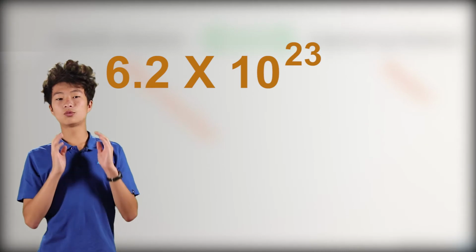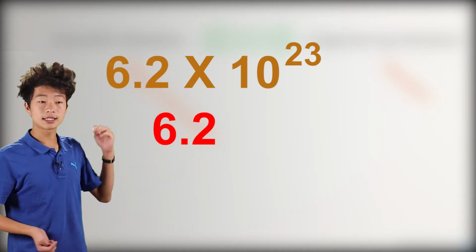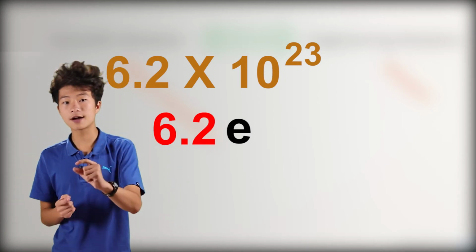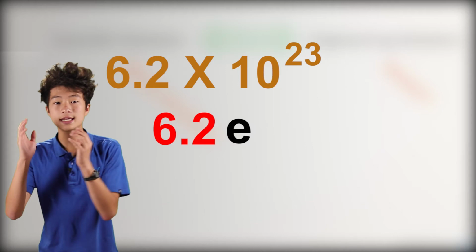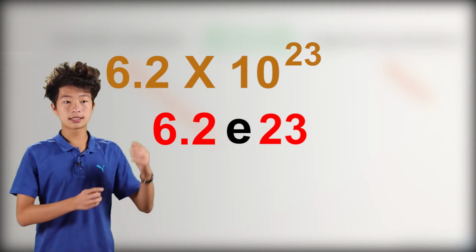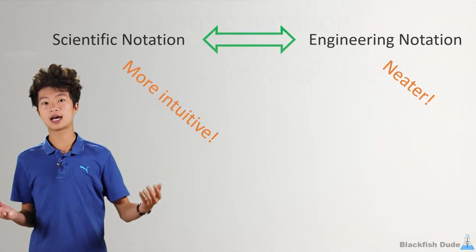You find the one-digit base number, like you did in scientific notation, but instead of multiplying it by 10 to an exponent, you put an e after it, and then you put the exponent number. This is much cleaner than scientific notation, but in some cases maybe less intuitive. But these things are so similar, you can switch them in a blink of an eye. And so that's why I'll teach them to you at the same time.